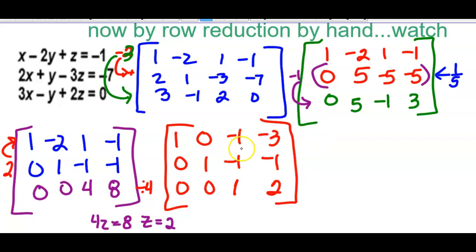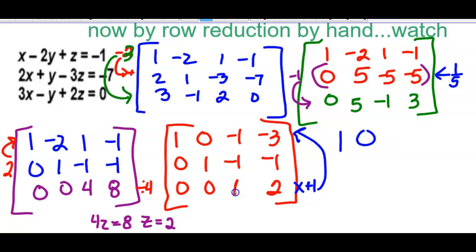Last thing I'm going to do is take this bottom one times negative 1 and add it to the top one. So 0 added to 1 is 1, 0 added to 0 is 0, and, I just need to add it, I don't need to multiply by negative 1.